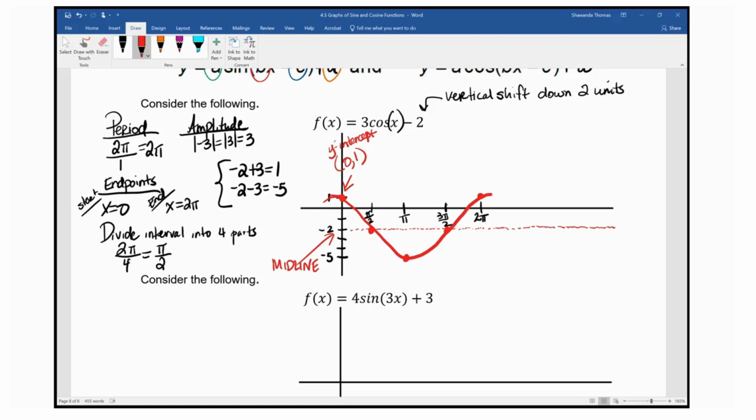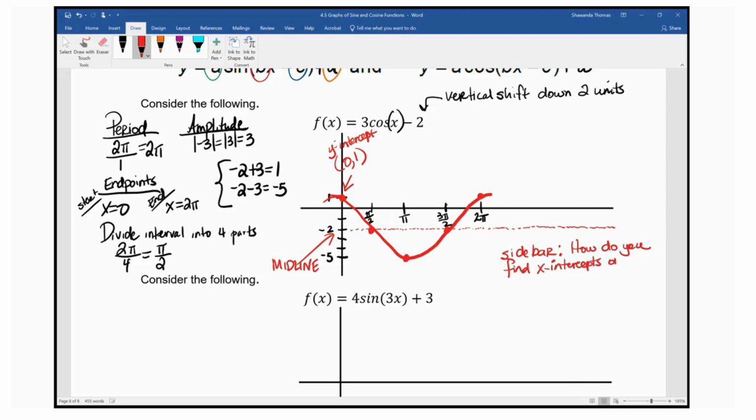How do you normally find x-intercepts? This is going to be a sidebar. You have a function, and you're asked to find the x-intercepts. Anybody remember?